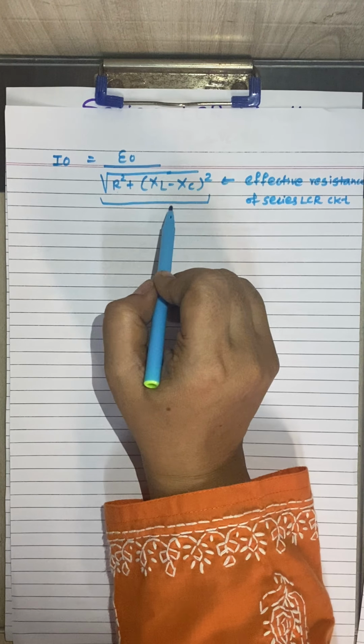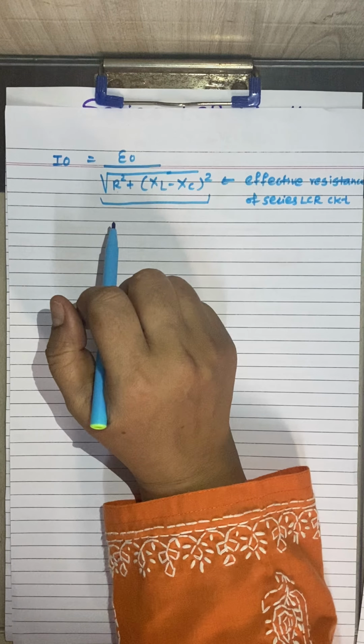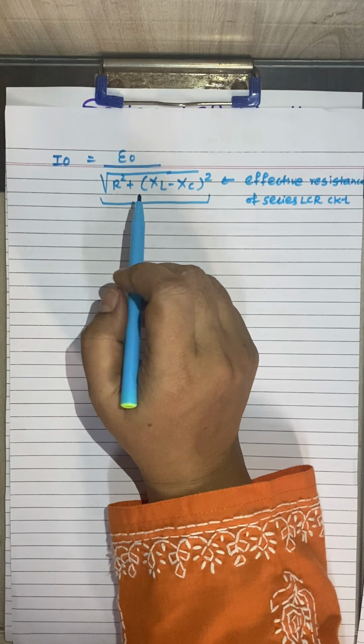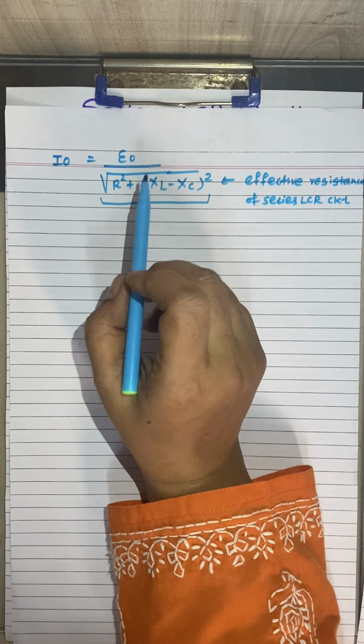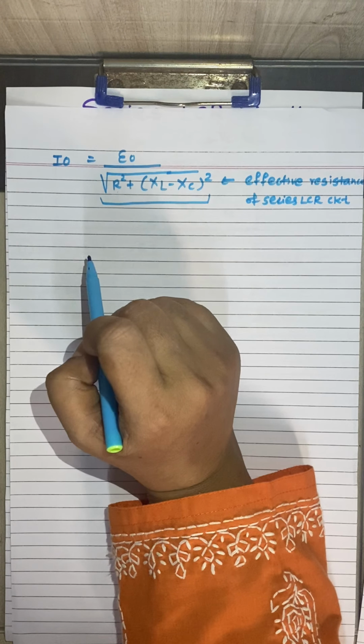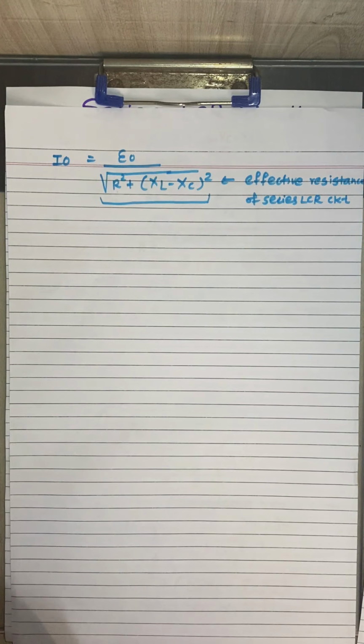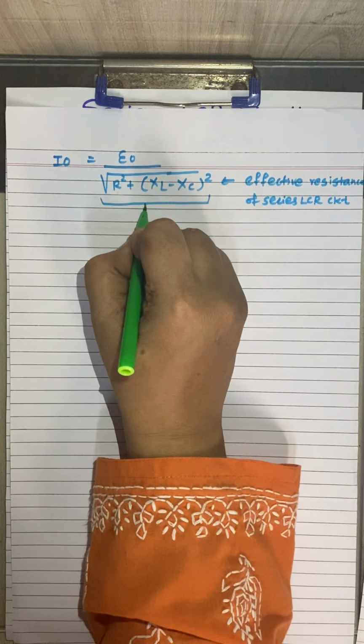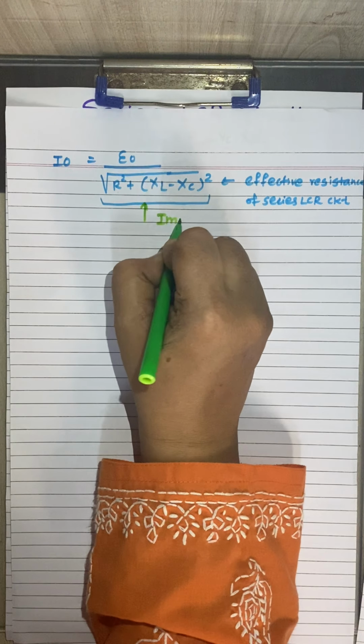This whole term is the effective resistance of the series LCR circuit, which opposes or impedes the flow of the current through it, and therefore it is called impedance. So I will write this term as impedance.